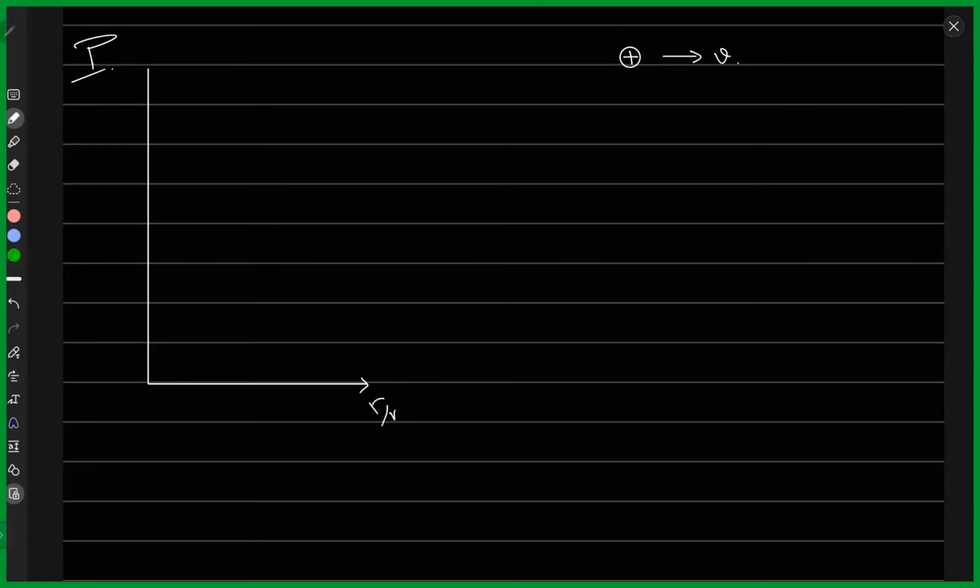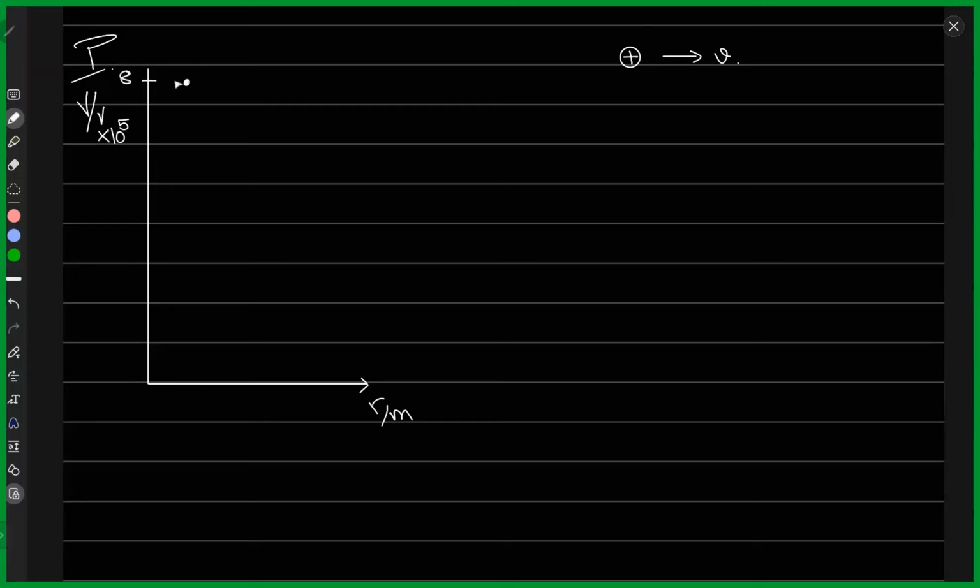Here I have potential, which is in volts. I'm not going to write a very big number, so every number on this line is times 10 raised to power 5. The maximum potential is 8 times 10 raised to power 5.